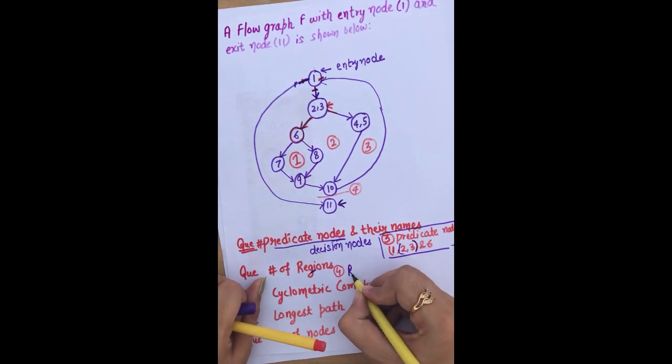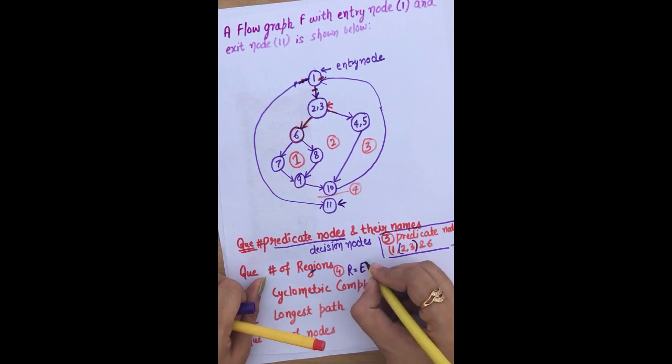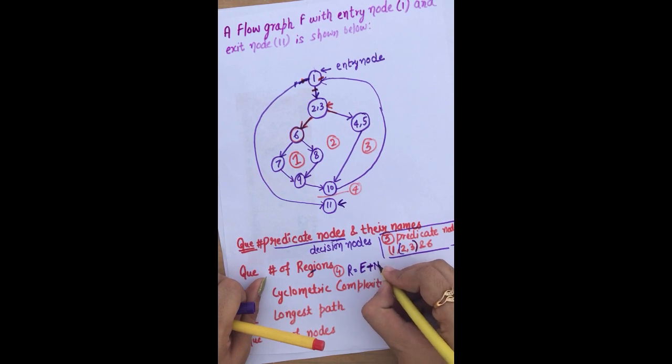But there is also a formula to find the number of regions. You count the number of edges and the number of nodes: regions equal edges minus nodes plus 2.